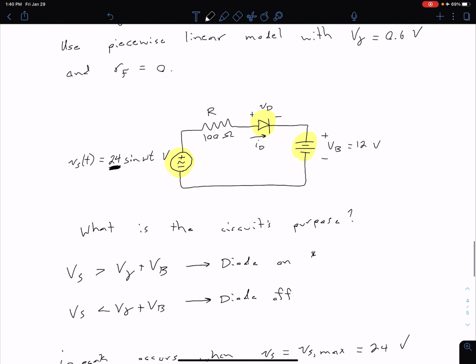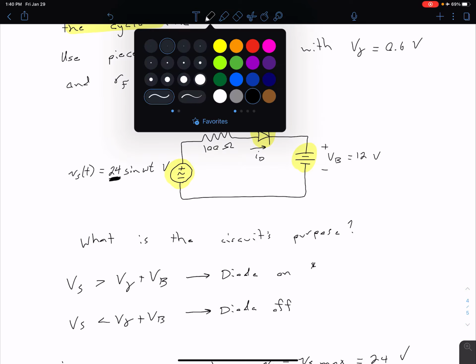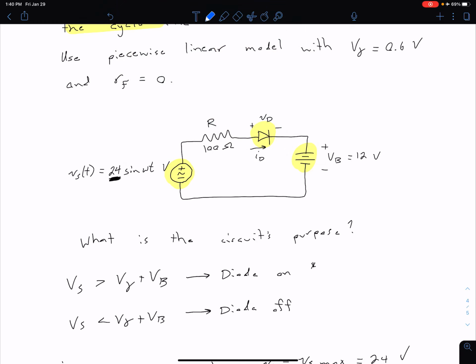Now, if we want to figure out our peak diode current, we can look at this resistor, because we know that the diode current is going from positive to minus, creating a voltage drop like this. To solve for that diode current, we can use KVL and Ohm's law. The voltage across the resistor from KVL is equal to 24 minus VB minus V gamma, and then we divide that voltage by 100 to get our current.